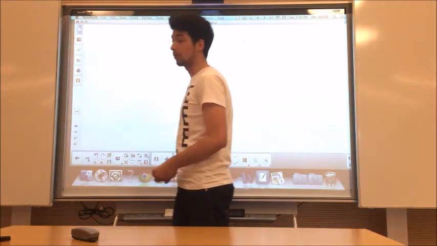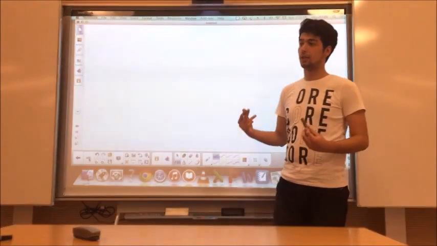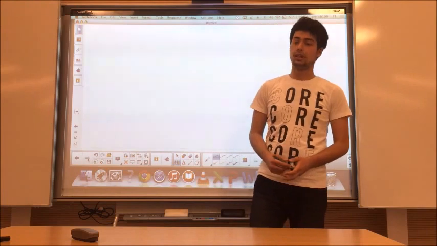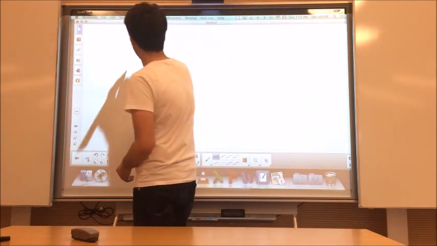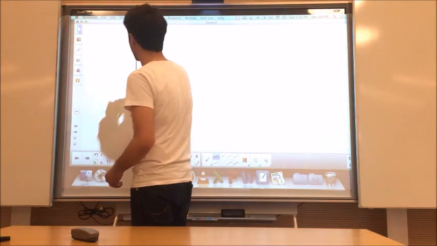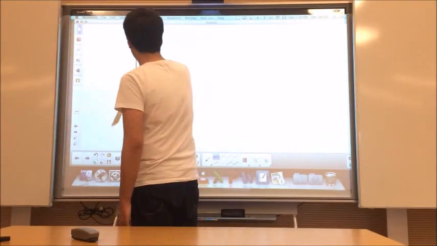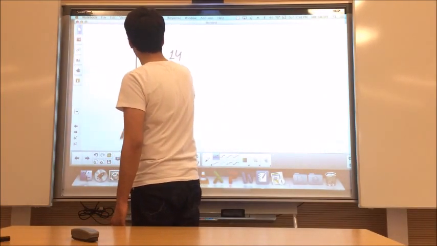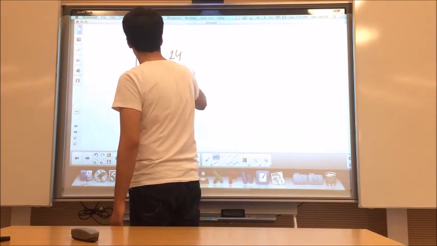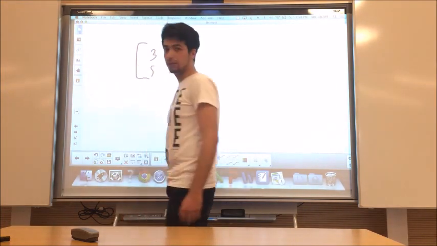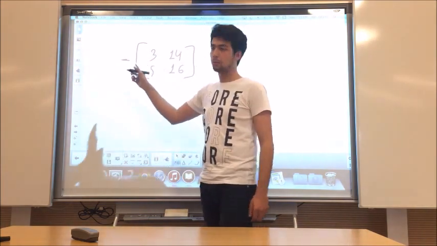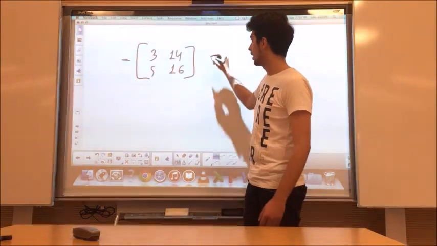Moreover, negative of matrix. The negative of a matrix is also so simple. For example, we take one matrix, 3, 4, 14, 5, 16. This negative matrix, we add one negative symbol, means minus.